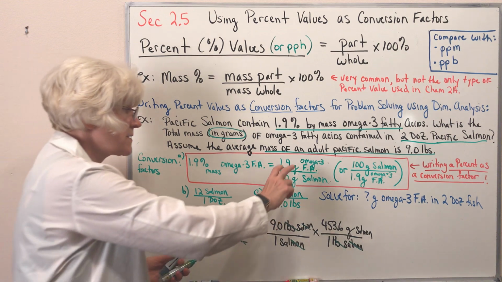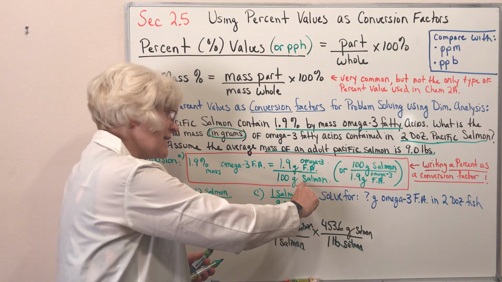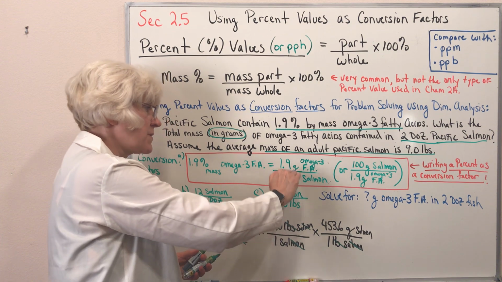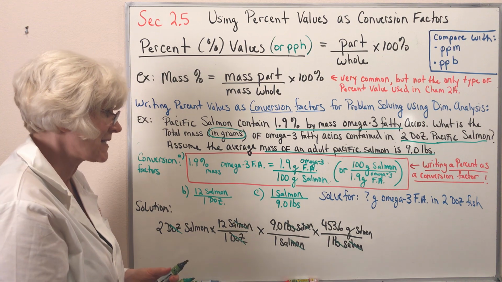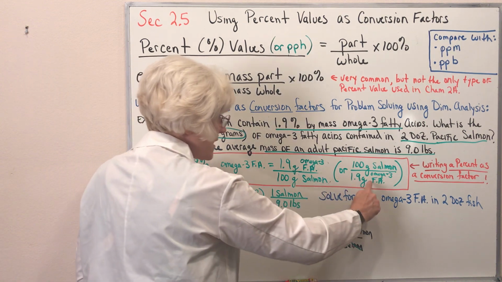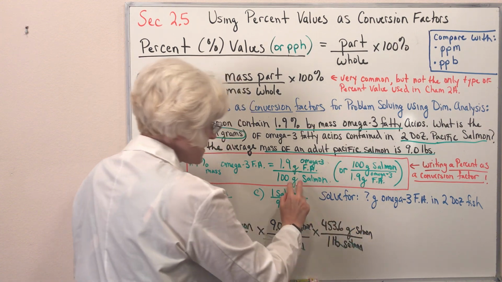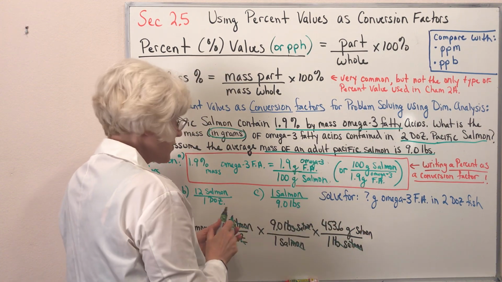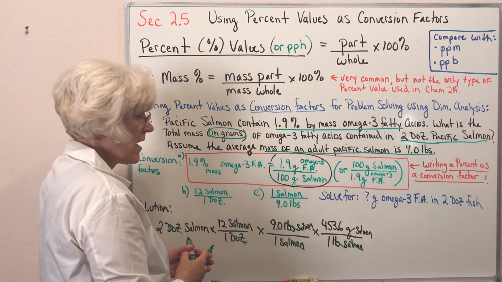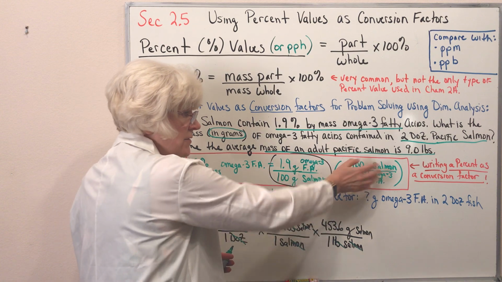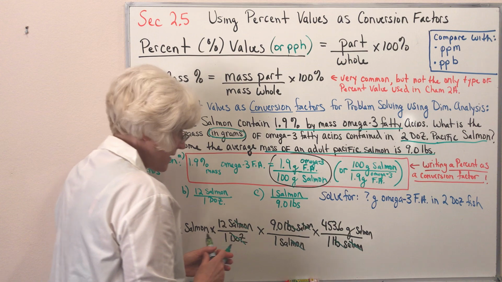Now I'm ready to use this mass percent as a conversion factor, which relates the mass of salmon in grams to the amount of omega-3 fatty acids present in the salmon. So I can use it in two forms. I need my grams of salmon to cancel, so I am going to choose this form here, where grams of salmon is in the denominator. I do not want to use it in its inverted form for this calculation.